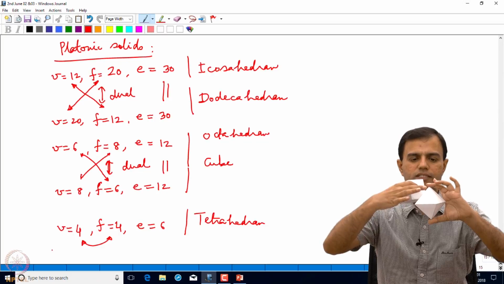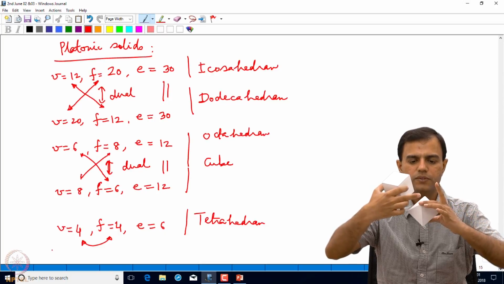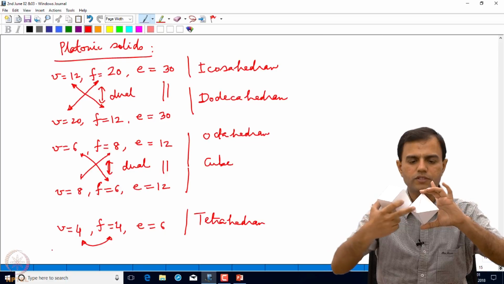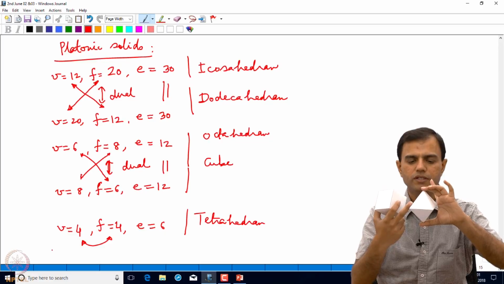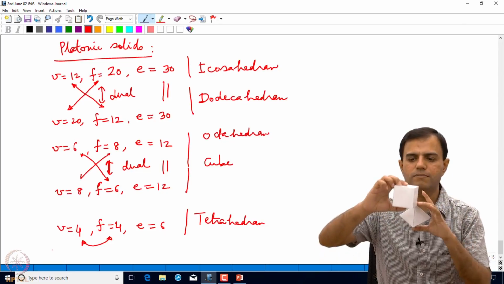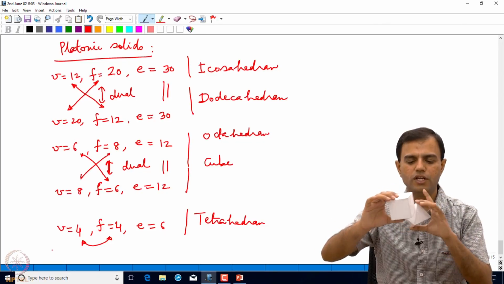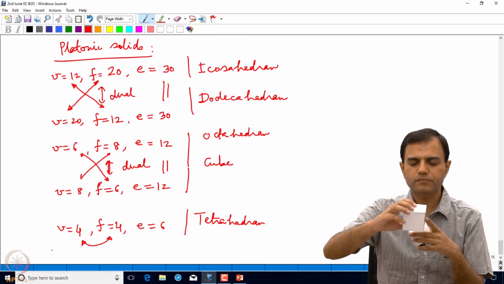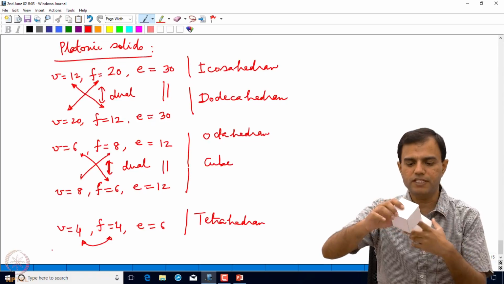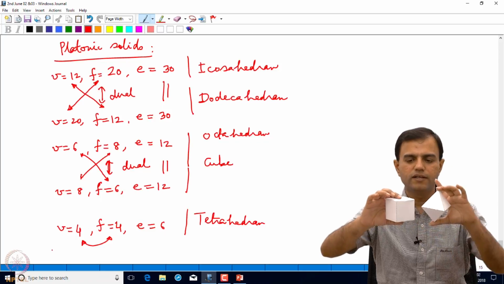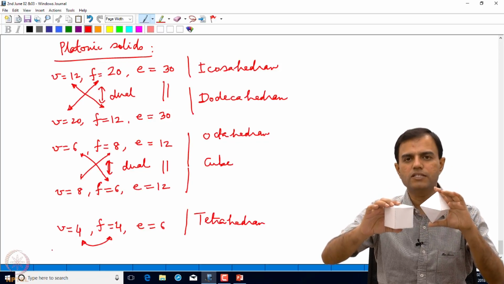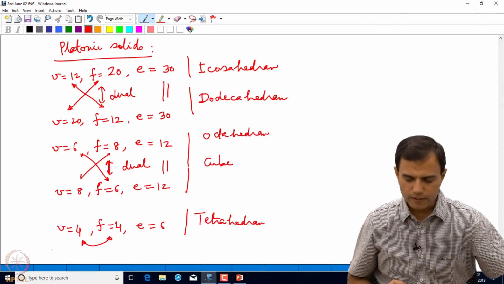If I rotate about this axis, this is an order 4 rotation. I can rotate by 90 degrees four times and I am back, and similarly here, order 4 rotation, 90 degrees each. So the midpoints of opposite faces, joined, act as axes.